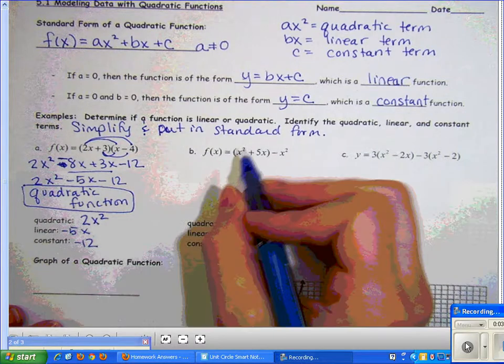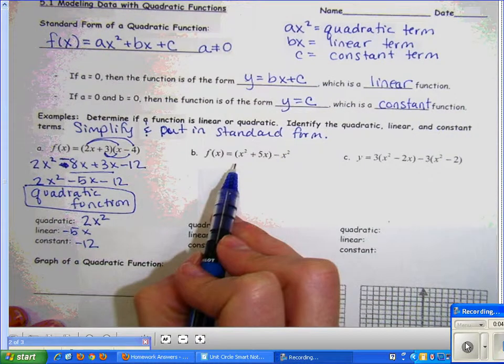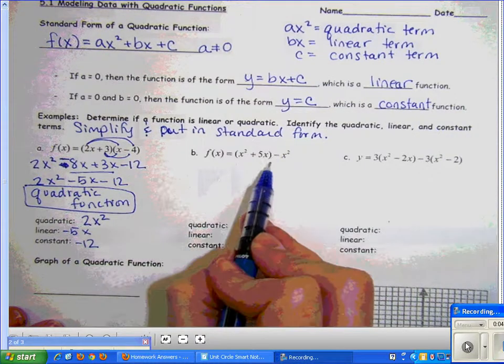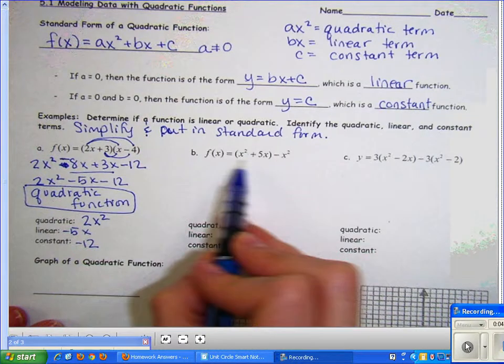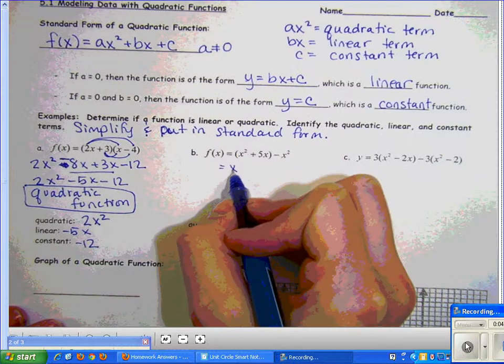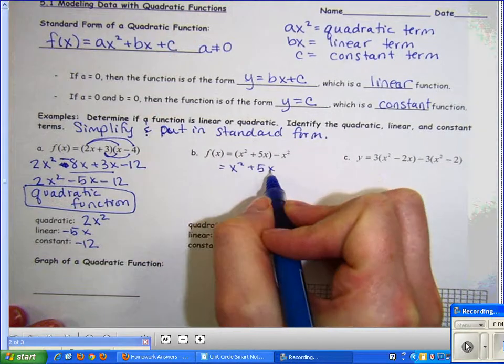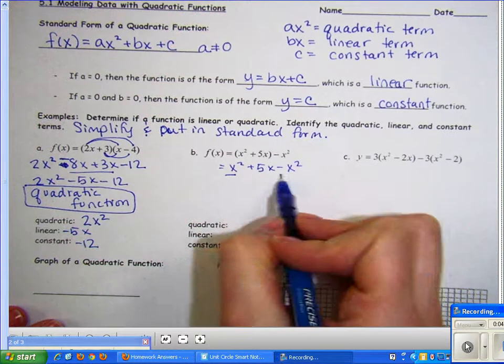So for B, notice that this right here doesn't have a number on the outside, so I don't have to distribute anything, and there's no power, so I don't have to multiply or FOIL anything out. So that means I can just go ahead and drop the parentheses. So when I do that, I have x squared plus 5x minus x squared. Now with this, I know that x squared and negative x squared are like terms.